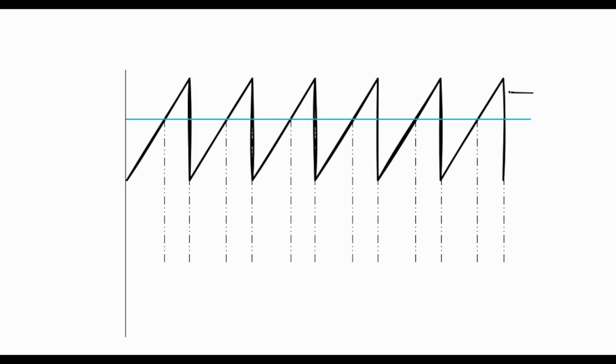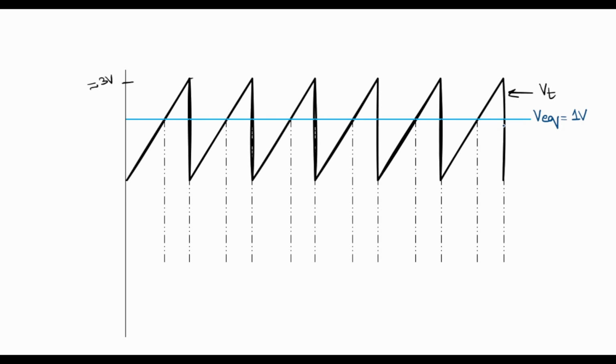The triangular signal here, Vt, has an amplitude usually around 3 volts. And this signal is VEQ, which is the difference between the reference voltage and my sensed voltage. And here we have assumed that VEQ for this first example is equal to 1 volt.